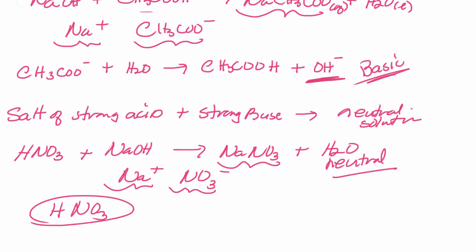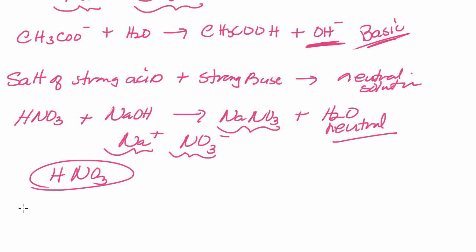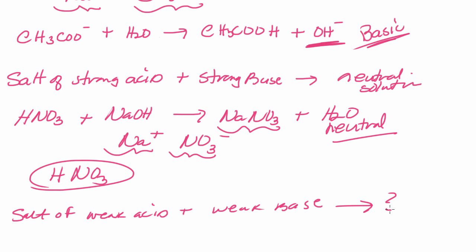Now, some of you might ask, well, what if you have the salt of a weak acid and a weak base? Well, it's not so easy to predict whether the solution is acidic or basic, because both the cation and the anion are going to react with water in a case like this.